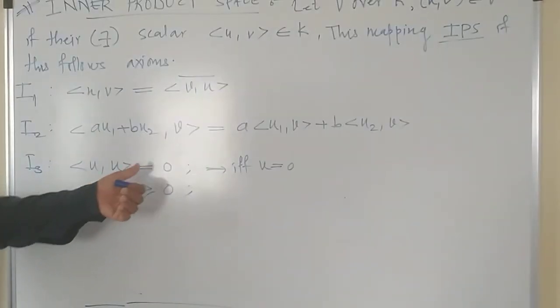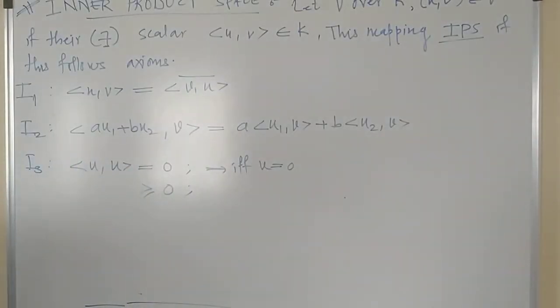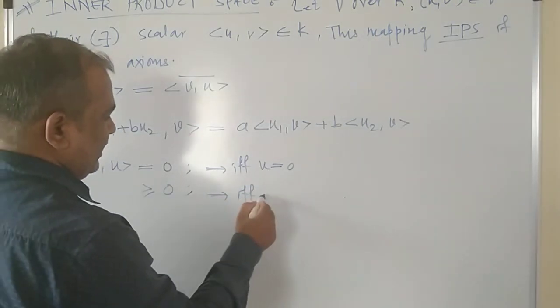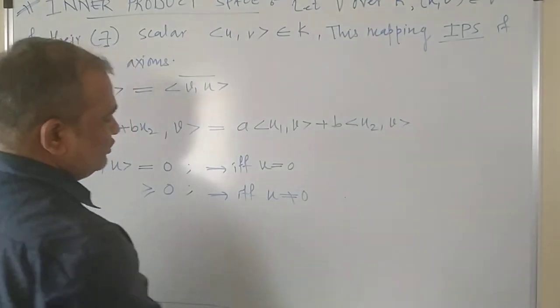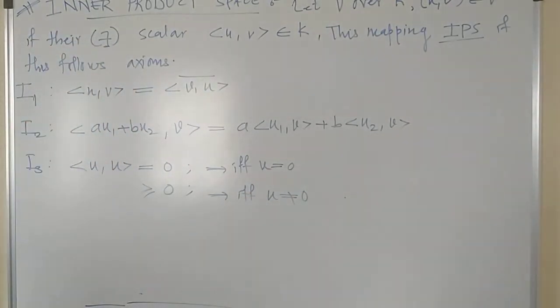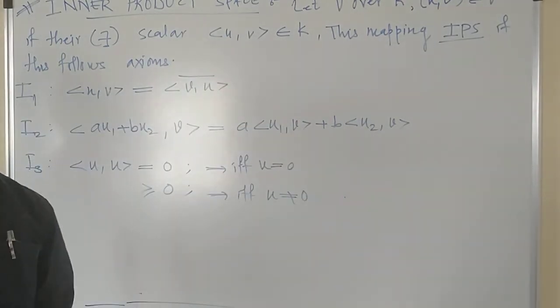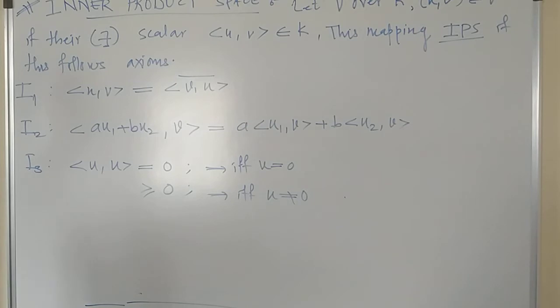Then and only then you will get the inner product equal to 0. If it is positive, then the given vector is not equal to 0. So these are the basic axioms for the inner product space, and this is its definition. This is quite theoretical. You may not have understood how to take the inner product of two vectors yet; you will come to know that in the next part of the lecture.